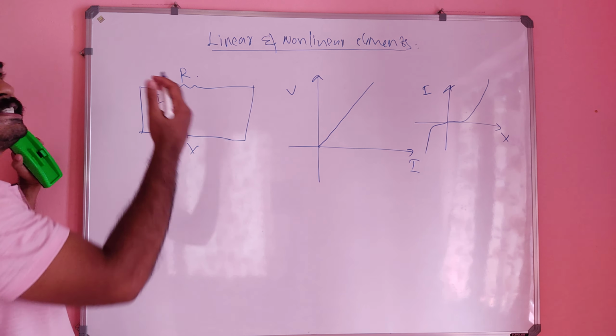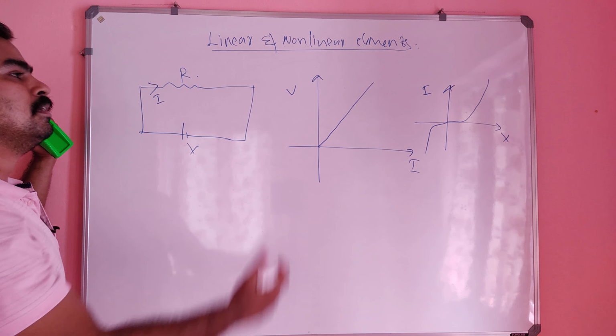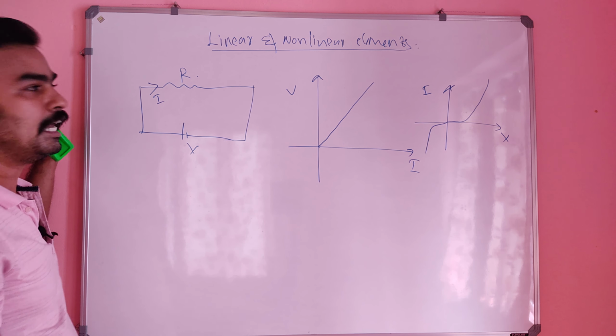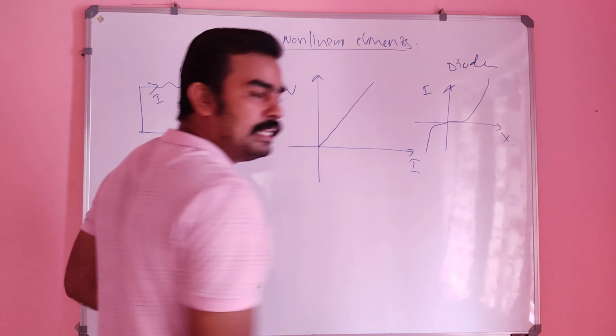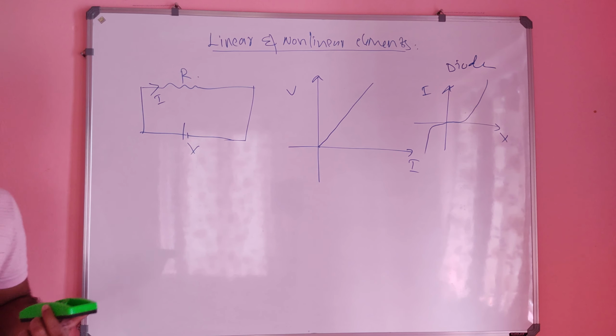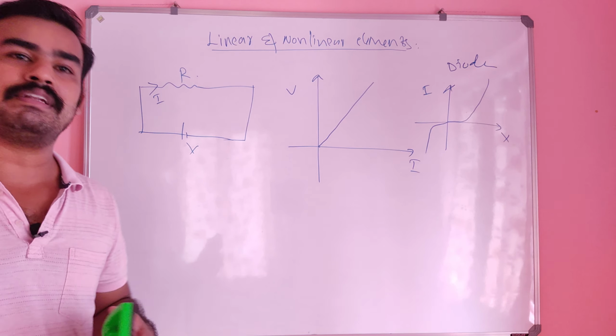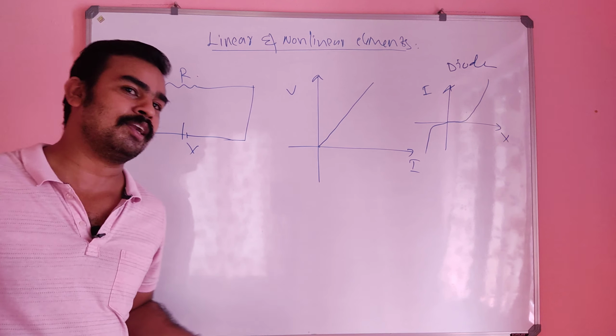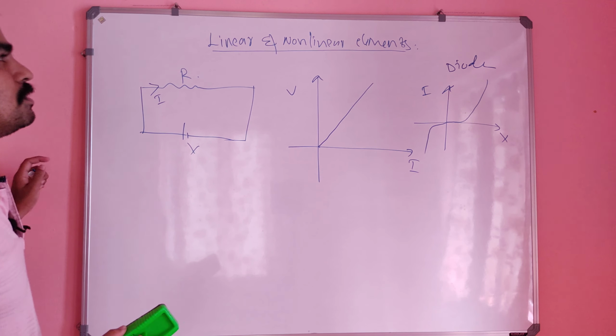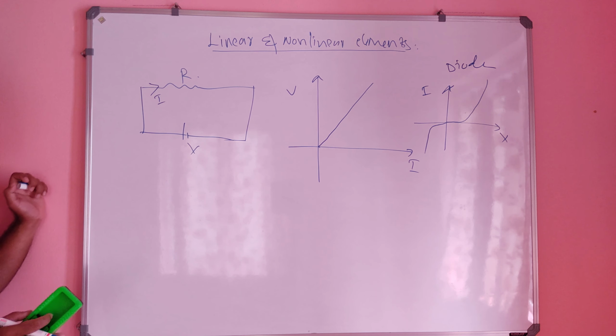Clear? So a resistor is a linear element but a diode is a non-linear element. This is the characteristics of a diode. So a diode is a non-linear element, a transistor is a non-linear element, MOSFET, JFET, we will study later. All these power electronics devices are non-linear. So this is the concept of linear and non-linear elements.